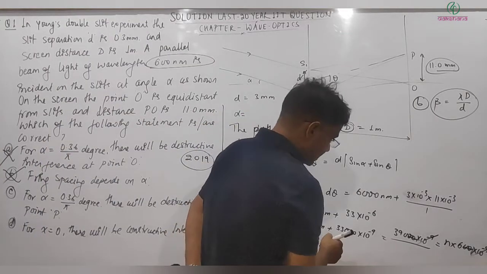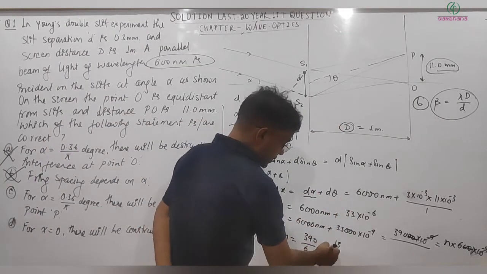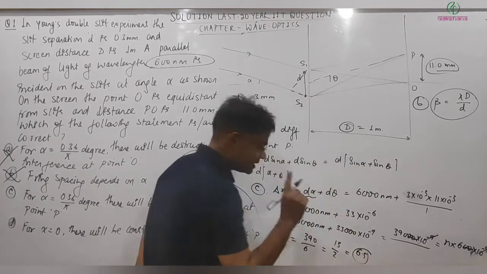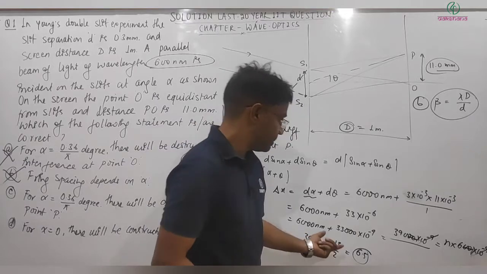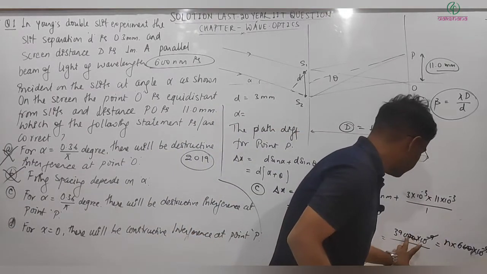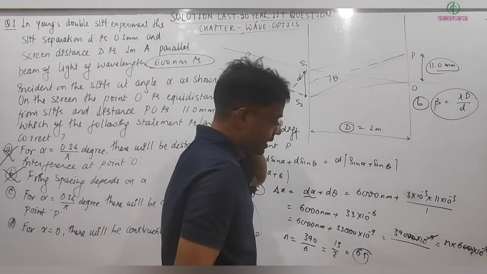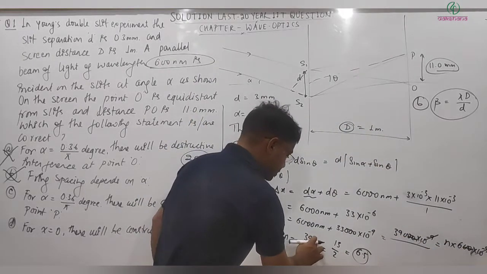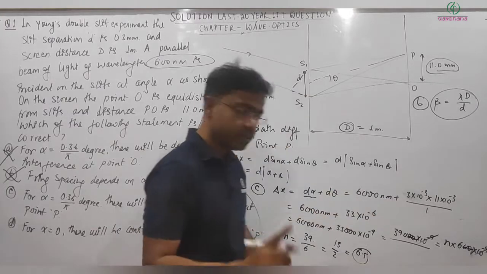Just let me check the calculation. It comes out to be 13 by 2, so that comes out to be 6.5. I just missed a 10. So minus 9, it should cancel out, and then minus 9 minus 10 gets cancelled, and solving it here a 10 is coming. I am just missing that in the calculation, you check for it.